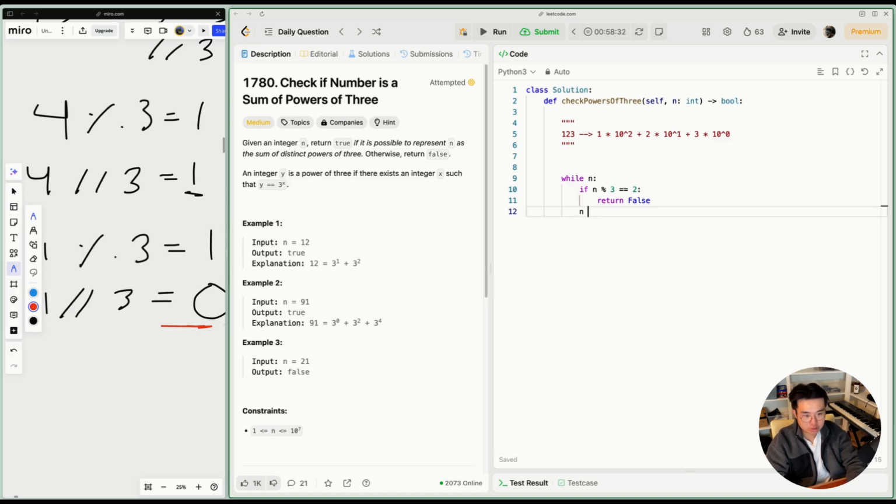Otherwise, we've already processed that last digit. So now let's shrink our number by dividing it by 3. In base 10, when we divide by 10, we're just removing the last digit, and now we're just dealing with 12. Similar idea: we divide by 3, and now we just deal with whatever's left. Then we can return true at the end.